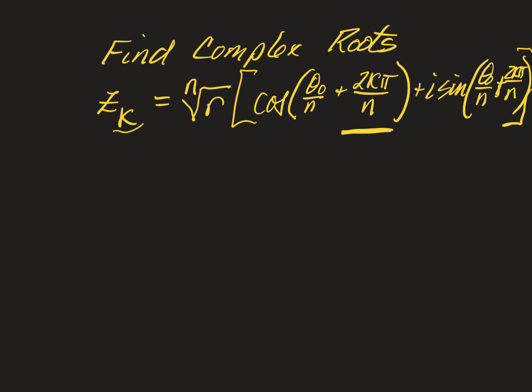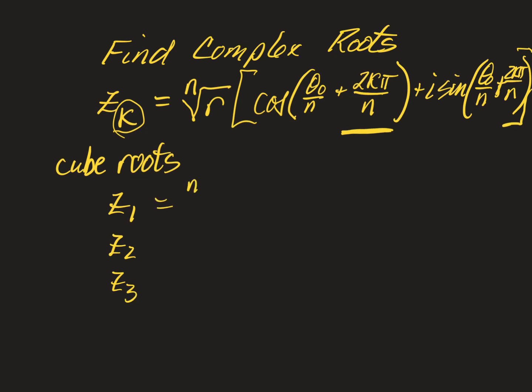And so the k will tell us which root. If you were doing, let's say, cube roots of a number, then you would have z sub 1, z sub 2, and z sub 3. In each case, it'd be the cube root of r, because we're doing cube roots.